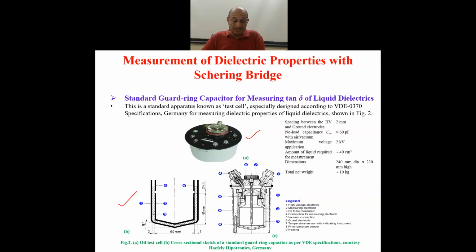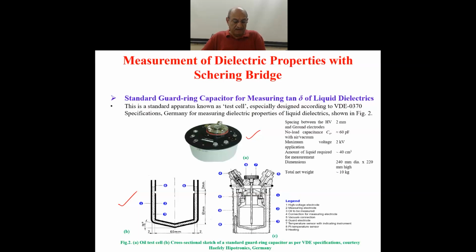As you can see in the photograph, B is the cross-sectional sketch of a standard guard ring capacitor as per VDE specifications. This is courtesy Haefely, Germany. We did purchase from Haefely because this is a very sophisticated and very good instrument.